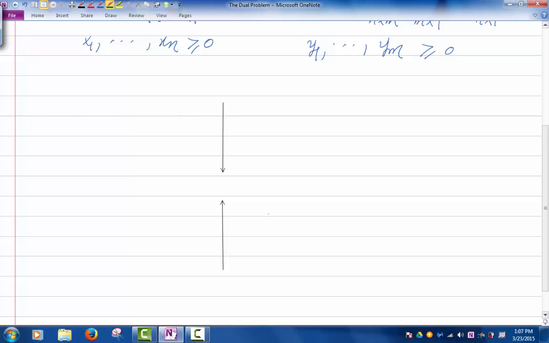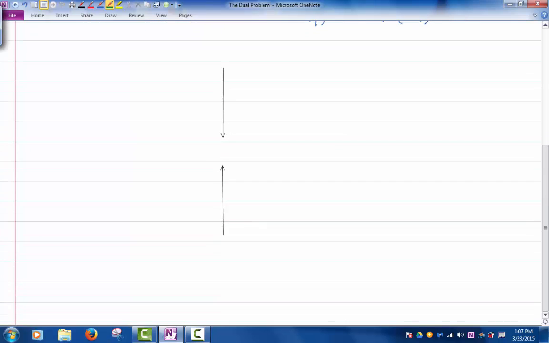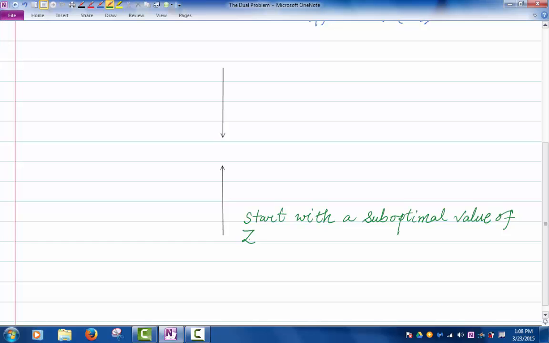In the primal problem, what do we do? You start with a suboptimal value of Z. Remember, when you come up with the first feasible initial dictionary for the primal problem, the value of Z is suboptimal. It's not the optimal yet.